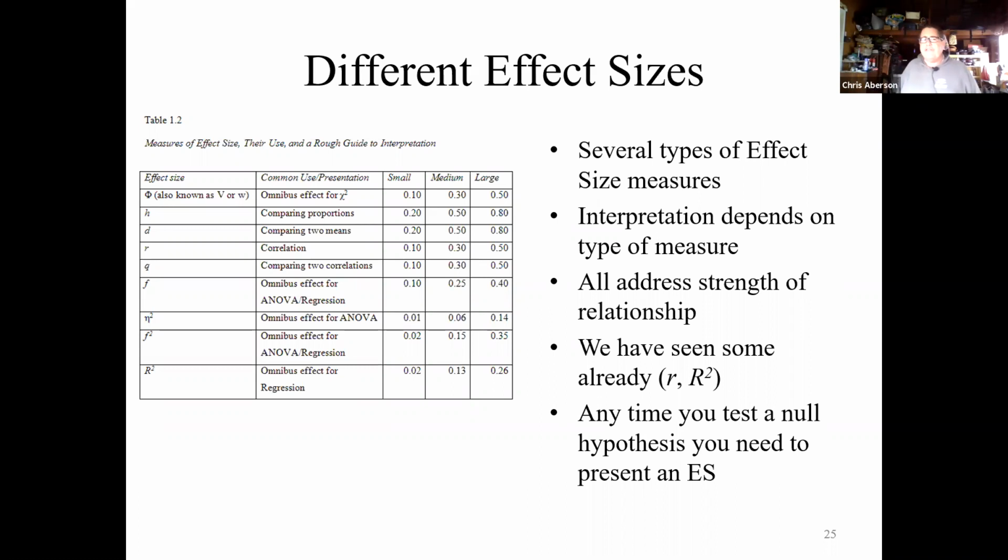Lots and lots of different effect sizes along with Cohen's d. The only point that I want to make here is that these are all on different metrics. So you always want to specify the effect size that you're using and recognize that 0.10 might mean very different things for a d statistic versus, say, an eta squared statistic. They're on completely different scales.